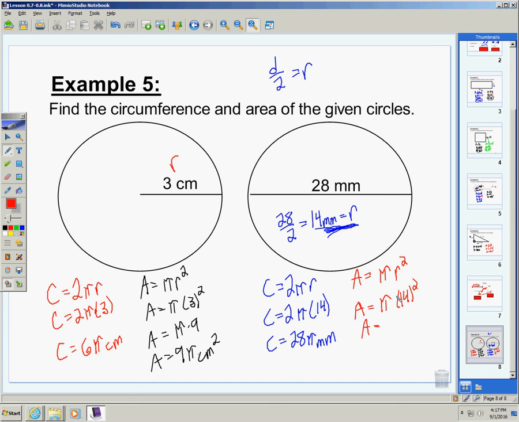So I get pi times 196. And then we always write the number first. 196 pi, don't forget my label, millimeters, and it's squared because we were talking about area.